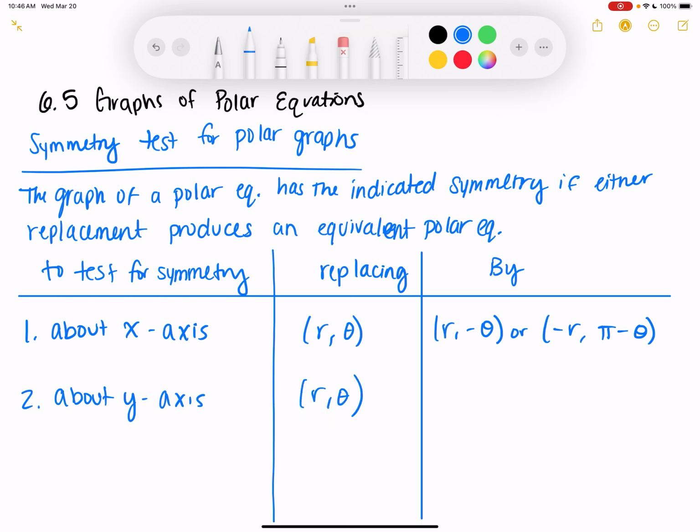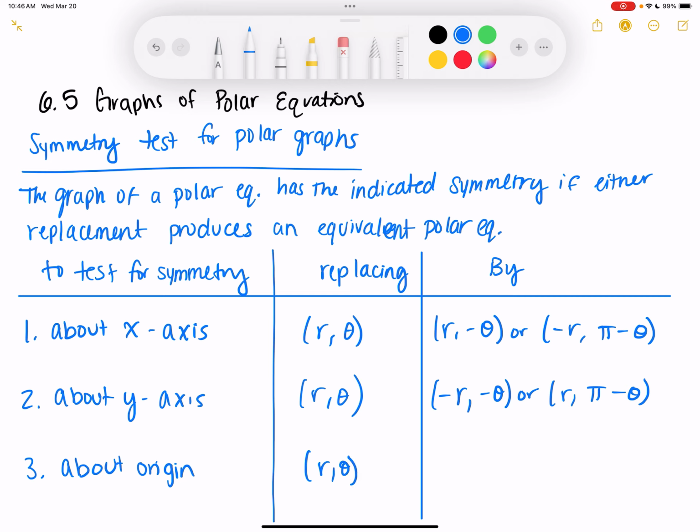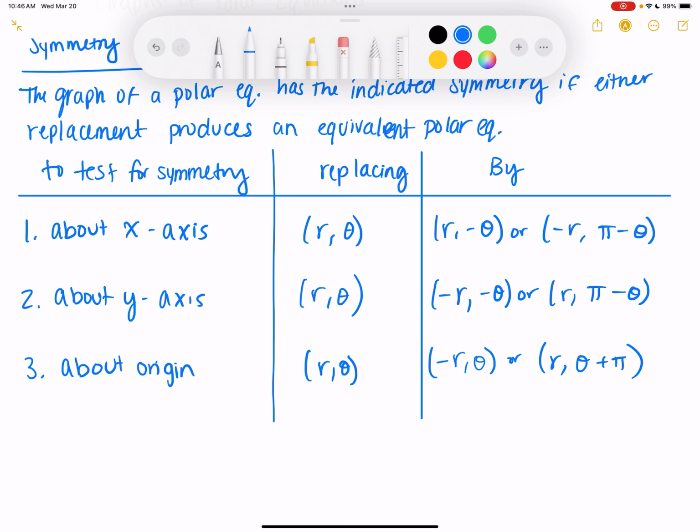So basically, the first one was it flipped over the x-axis, this one flipped over the y-axis, and this would be if we swap it with (negative r, negative theta) or (r, pi minus theta). And then the last option is about the origin. (r, theta), so (negative r, theta) or (r, theta plus pi) would be what we're subbing it out with.